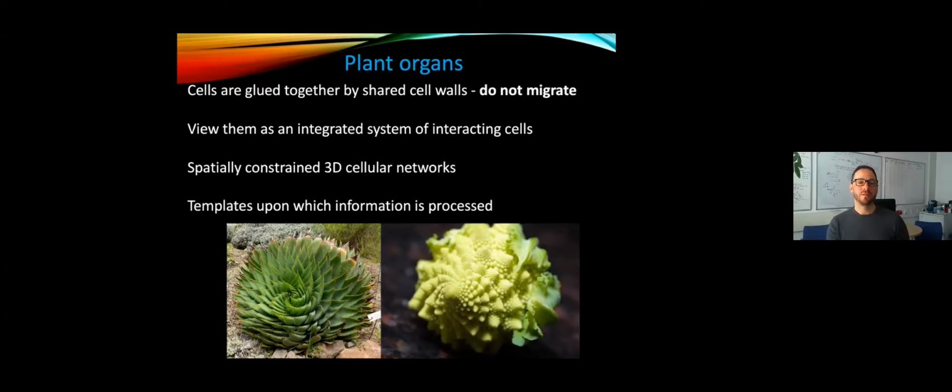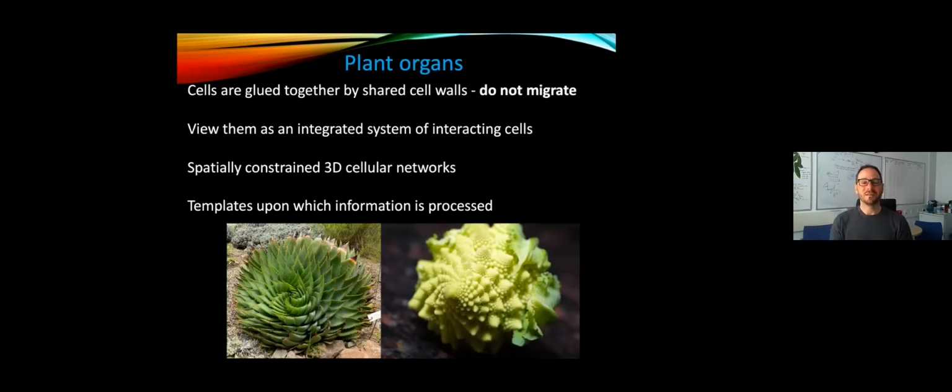So we can look at them as integrated systems of interacting cells, or spatially constrained three-dimensional cellular networks. By spatially constrained, I mean they're unable to rearrange themselves. Cities are another example of a spatially constrained network of roads. Cities are networks of roads, but the roads themselves are unable to move. When a road is in a place, it can't move.